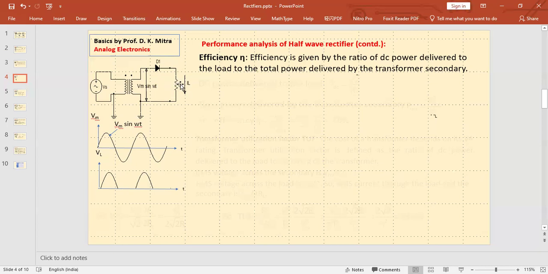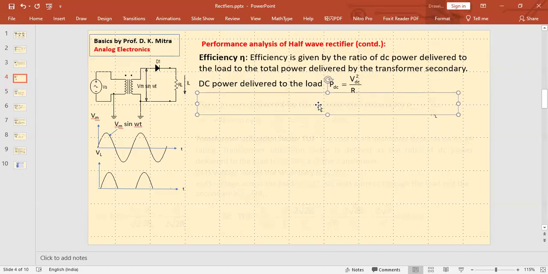So we have to find out what is the DC power delivered to the load and what is the AC power delivered by the secondary. DC power delivered to the load is, power to this resistance is V square by R, so VDC square by RL. This is the DC power to the load, right?